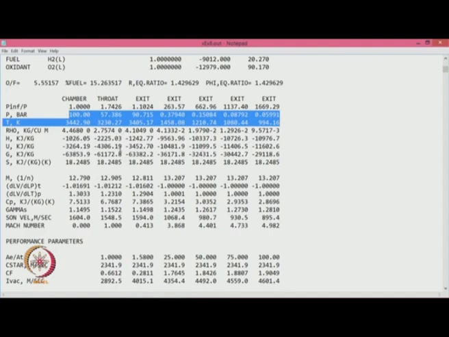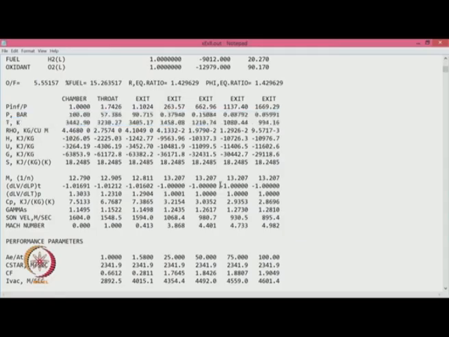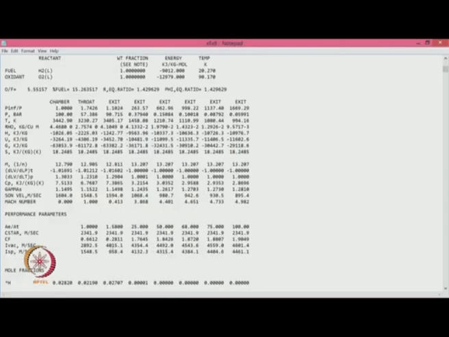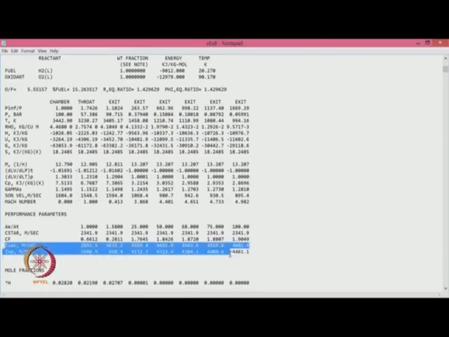This will also give you specific impulse and vacuum specific impulse. You can see that the vacuum specific impulse is always going to be higher than the specific impulse. This specific impulse is at sea level, wherein the ambient pressure is 1 atmosphere.